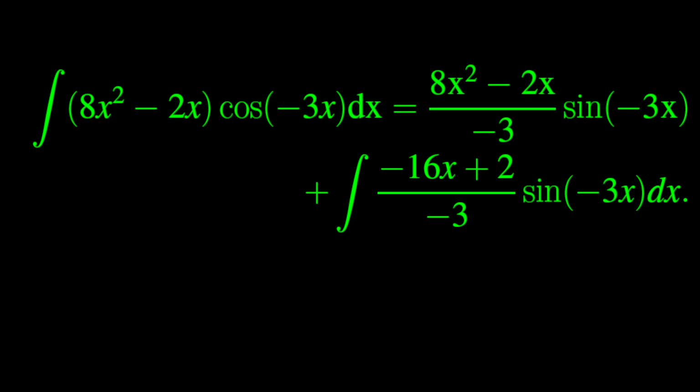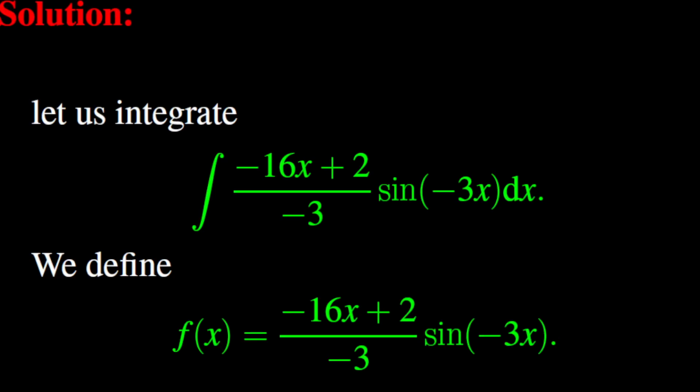Consequently, we still have to integrate minus 16x plus 2 over minus 3 times sine of minus 3x, using integration by parts. Let us integrate the function minus 16x plus 2 over minus 3 times sine of minus 3x.